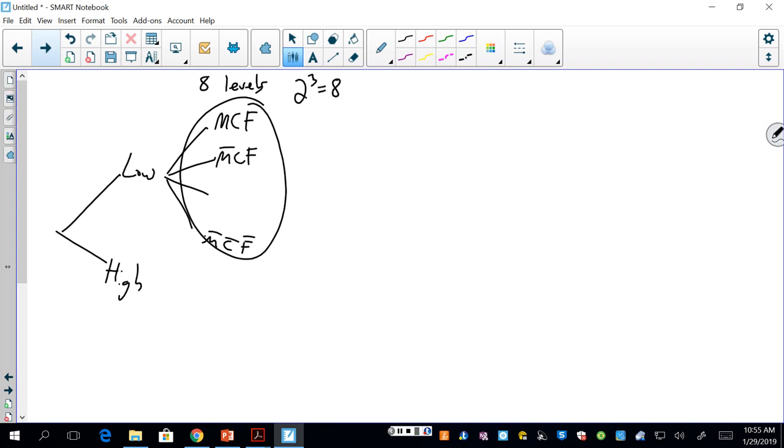And instead of calculating all 8 probabilities for all 8 of those groups, this conditional independence means we really figured these things out just knowing 3 things, the probability of M, C, and F, and then multiplying them together.